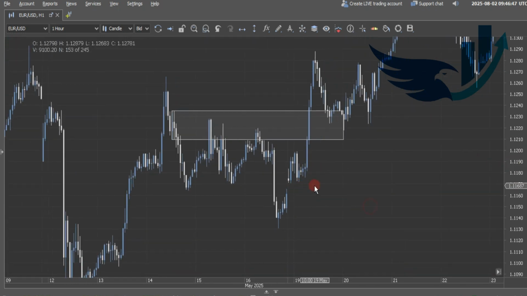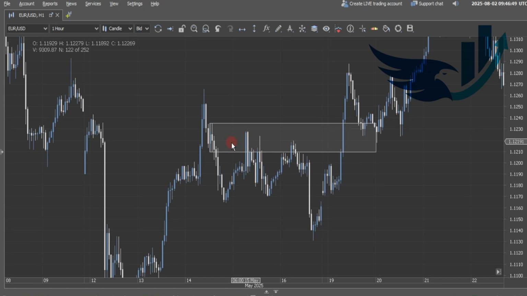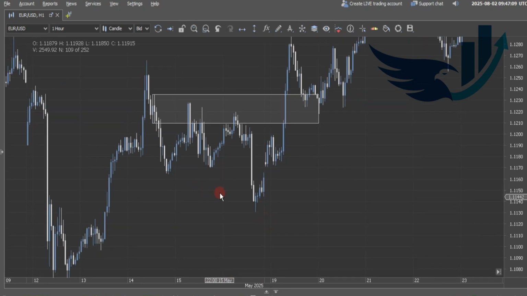It should hold the price for over 80% of the kink, which is correct right now. This is the 50%, this is the 60, and this is the 70 or 80, which is totally fine for taking the kink.